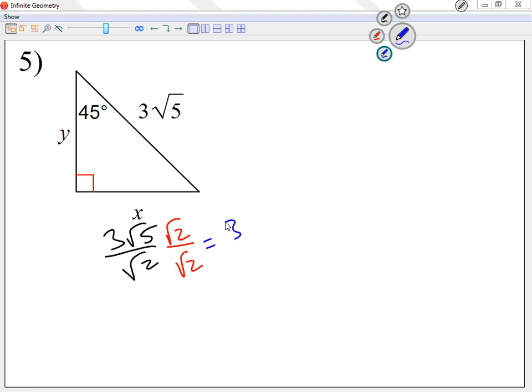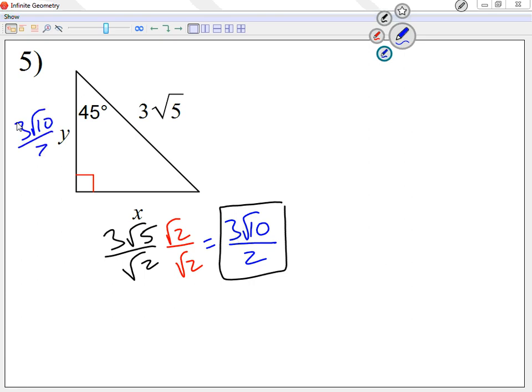On the top, I have 3 radical 10, because I multiply my radicals. At the bottom, I have 2. My whole number is 3 over 2. They're as simple as they can be. So that's my answer. For my y, I'm going to write 3 radical 10 over 2, because I know they're equal.